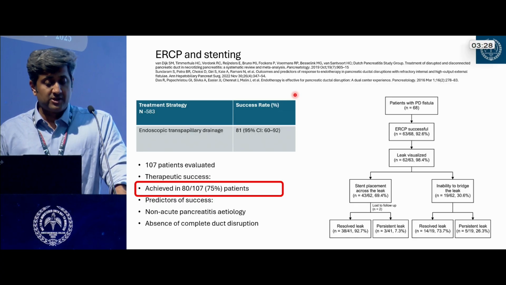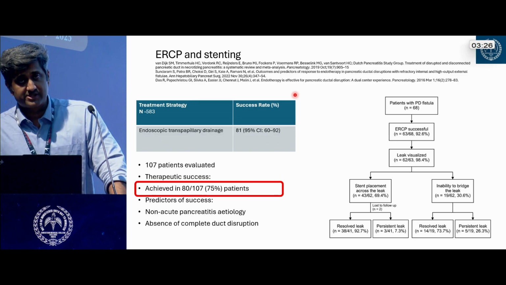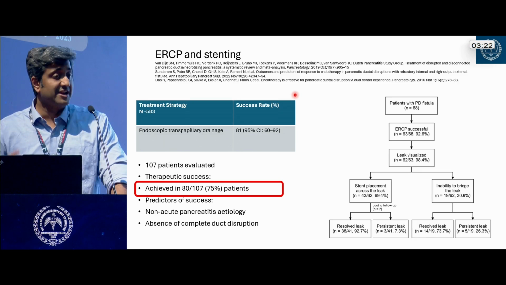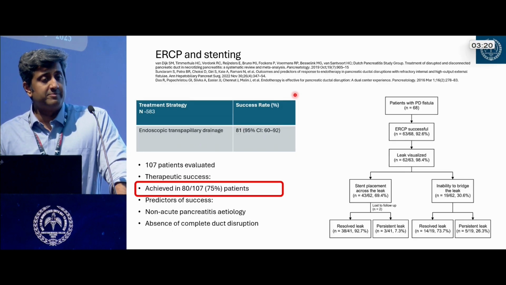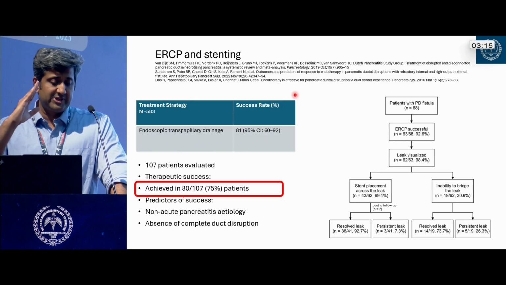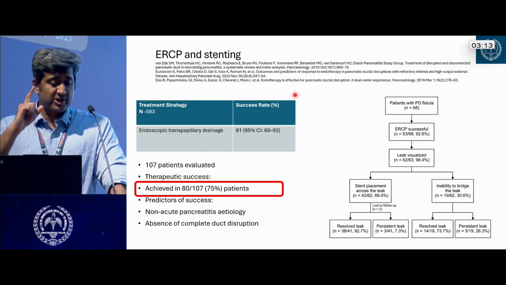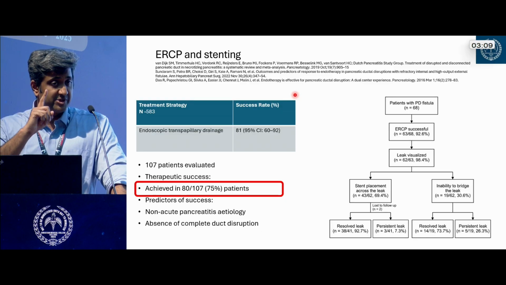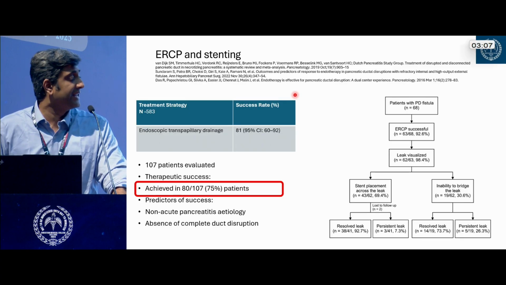Makes sense. This is a nice study, 2022 from Sridhar in Bombay. So this is Indian data. And it says pancreatic patients with fistulas, ERCPs were successful, and they were able to bridge the leak in 2/3 of the patients or more. So 70% bridged, success 90%.